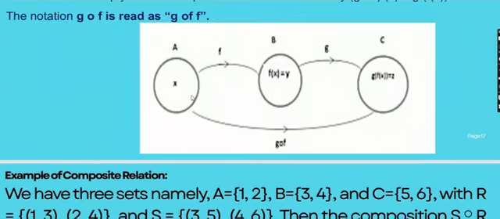Here this is given as your diagrammatic representation. A, B and C, X, f of x is equal to y. This gives one answer. Through this answer, I am moving to the final answer, g of f of x equal to z. Can you follow? So this is called g of f.